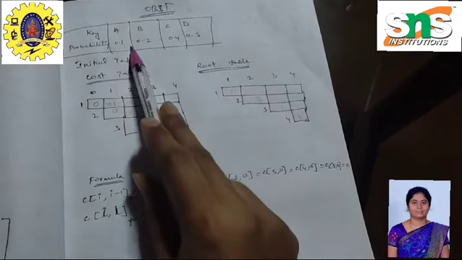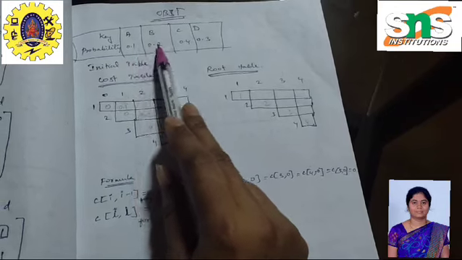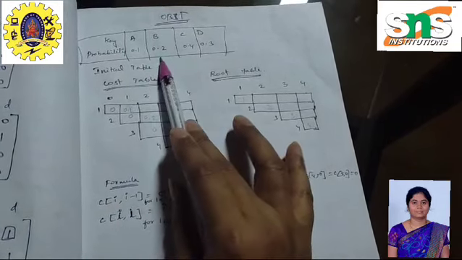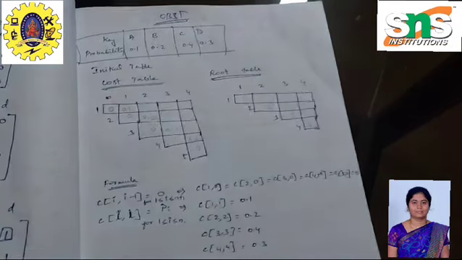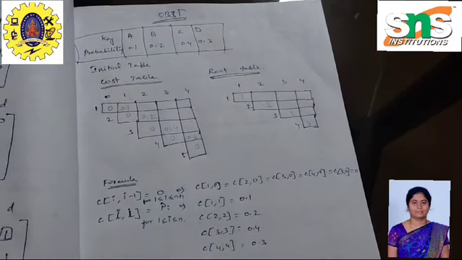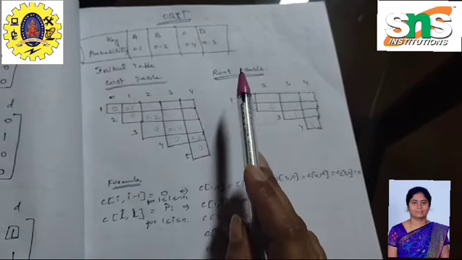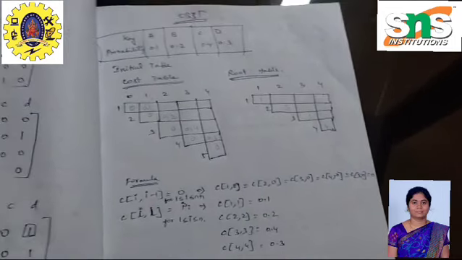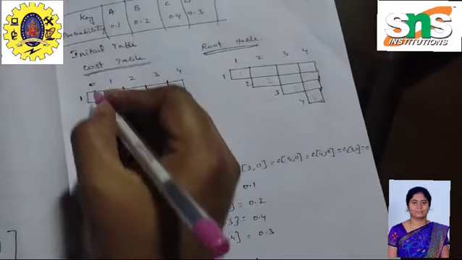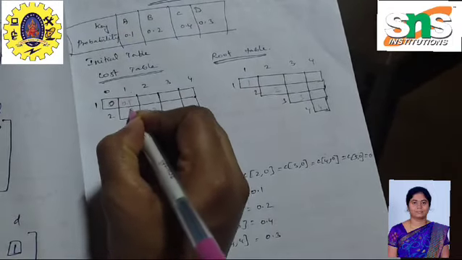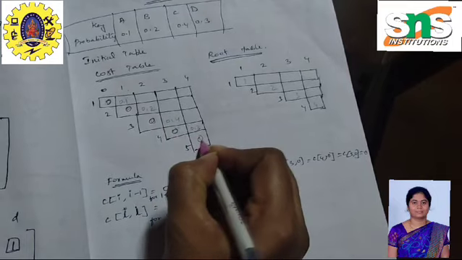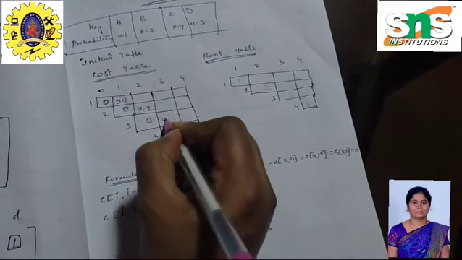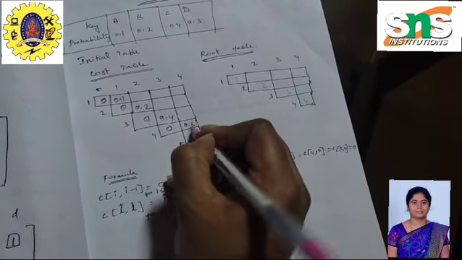Pi for 1 comma 1 is 0.1, for 2 comma 2 it is 0.2, for 3 comma 3 it is 0.4, and for 4 comma 4 it is 0.3. So this is the value. Now we write in the table 0, 0, 0, 0, 0, and for 1 comma 1 onwards it is 0.1, 0.2, 0.4 and 0.3.